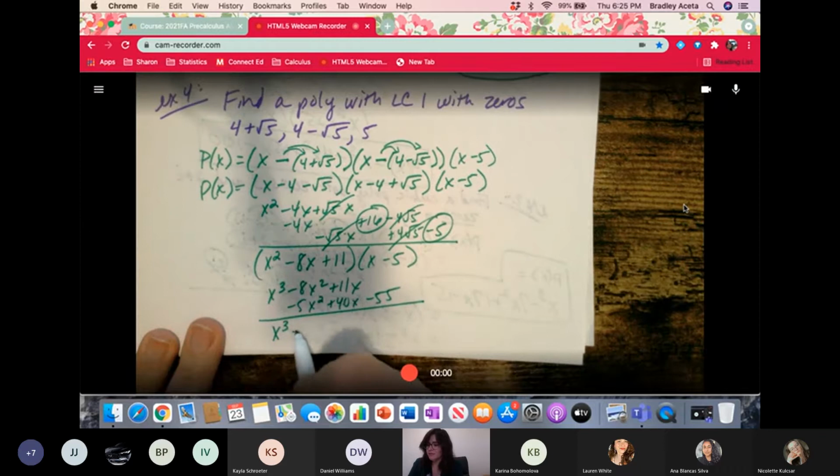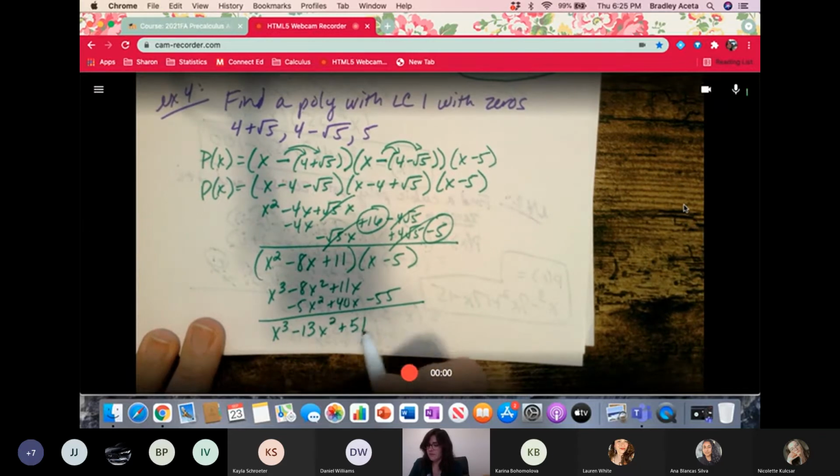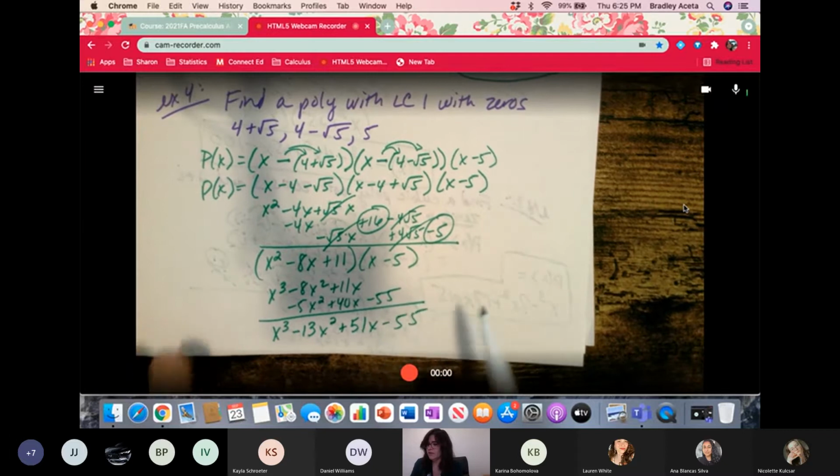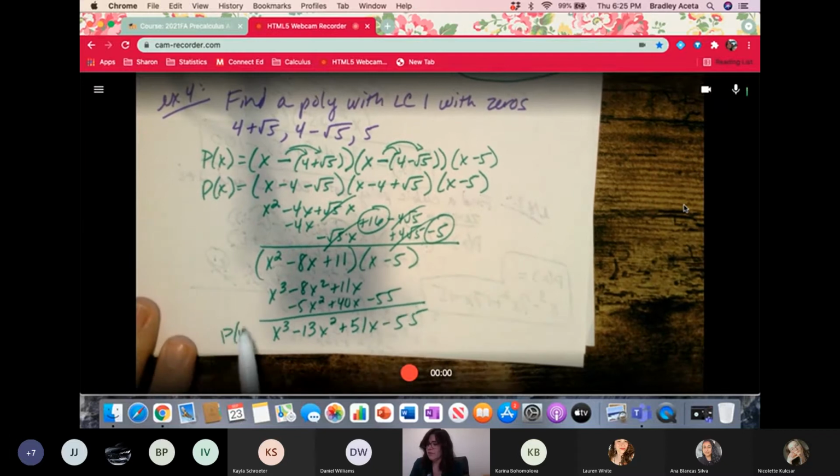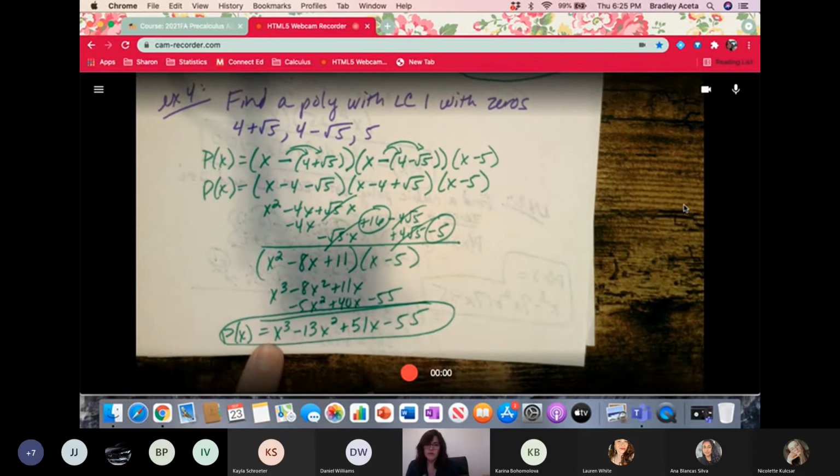X cubed minus 13x squared plus 51x minus 55. There you go. That is a polynomial leading coefficient 1, perfect, with the zeros of 4 plus square root of 5, 4 minus square root of 5, and then 5.